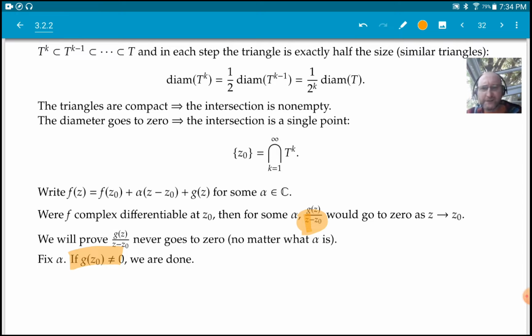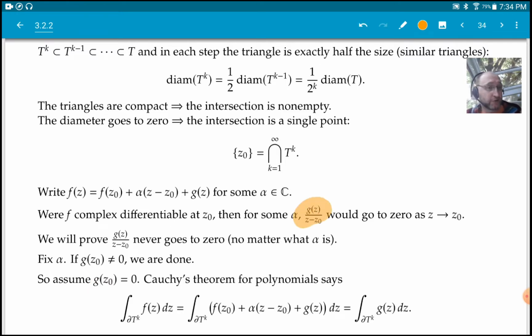G is some continuous function, so if it's not 0 there, we're done. So let's assume that for this particular alpha, g at z0 is 0. That still doesn't say that this goes to 0. It's still something that we'd have to check.